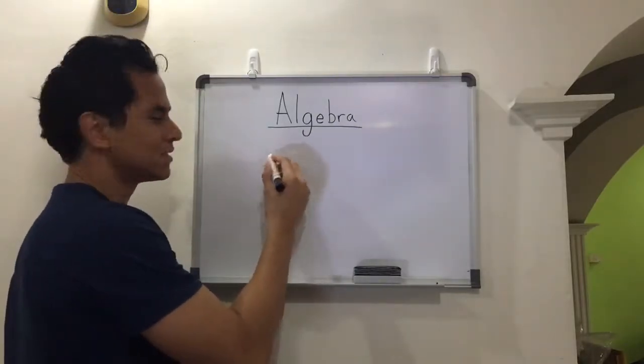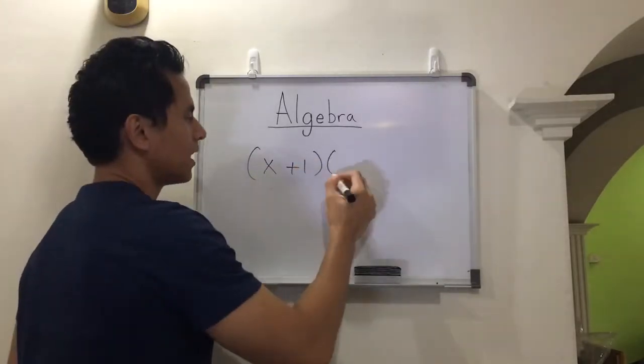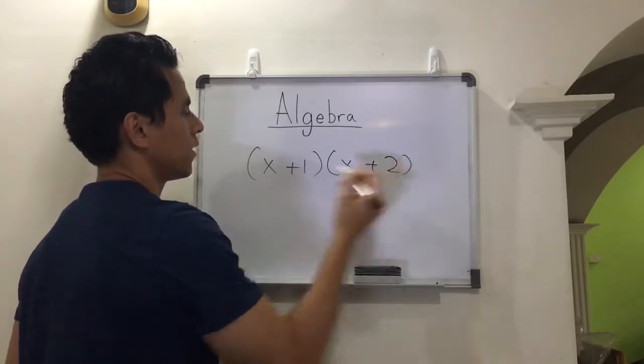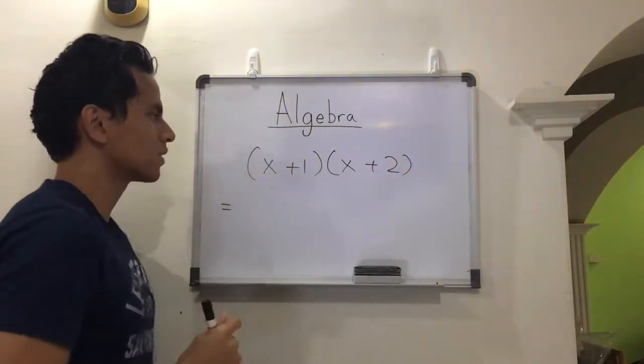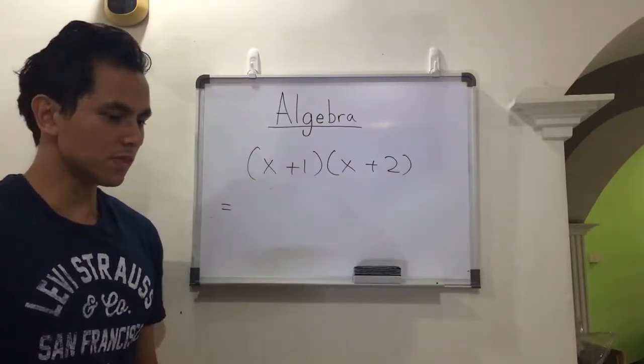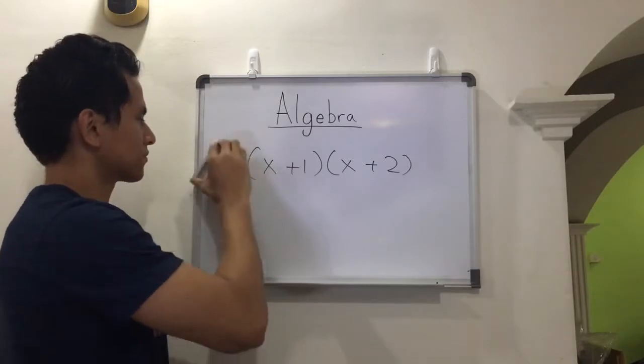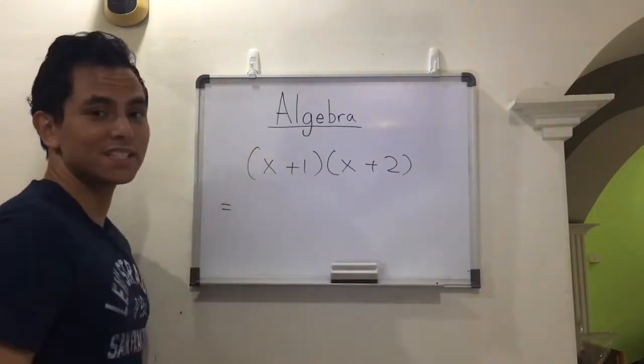So the first example, x plus 1, x plus 2. Okay, so this type of question is actually quite common. What we need to know is that when faced with this type of question, we need to expand as such.